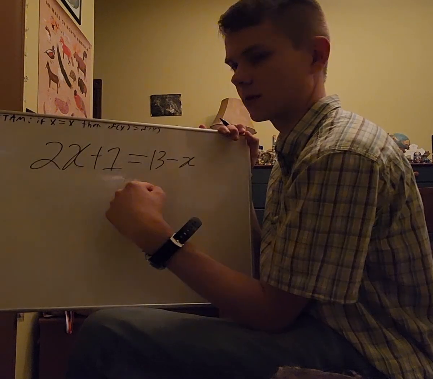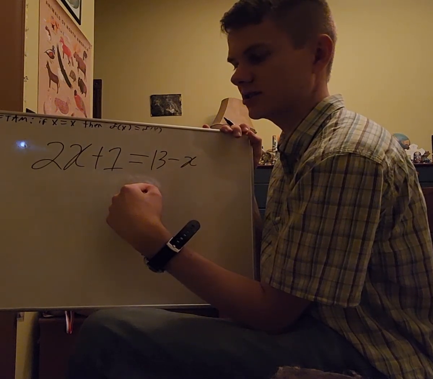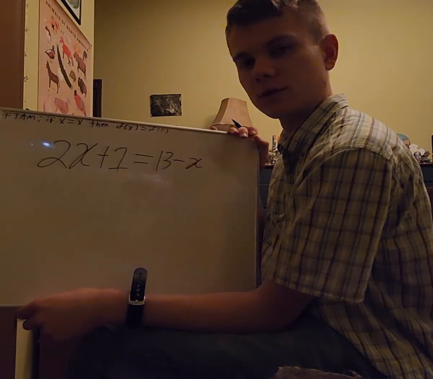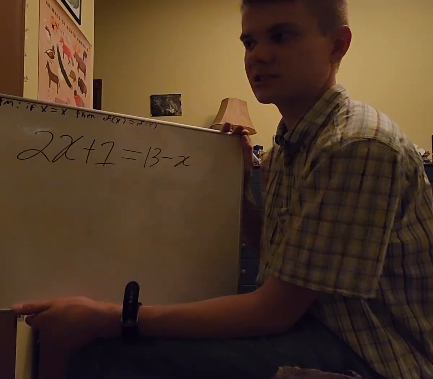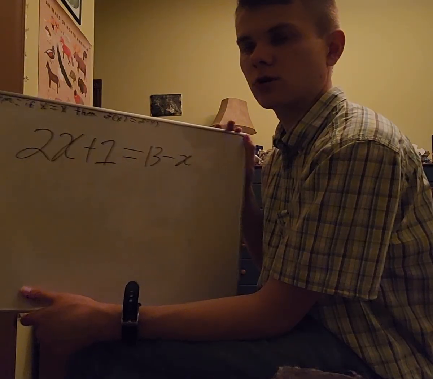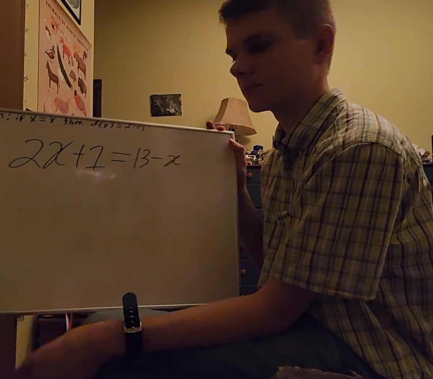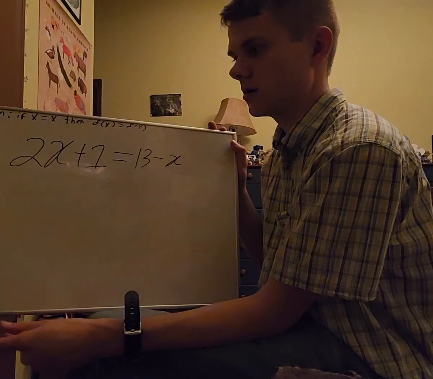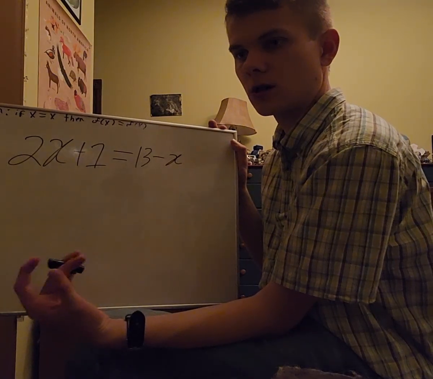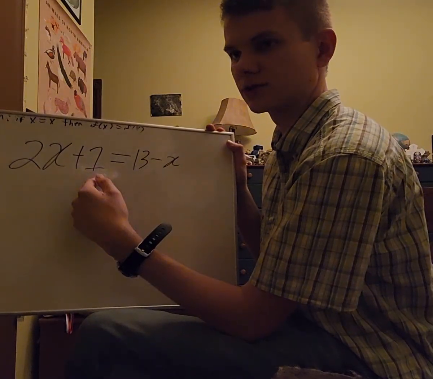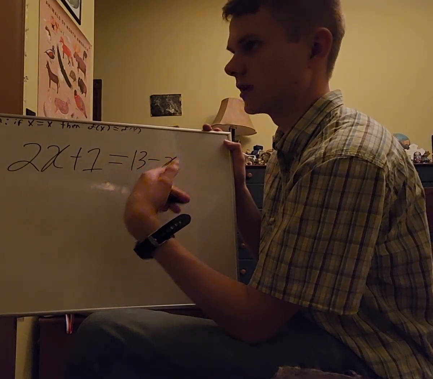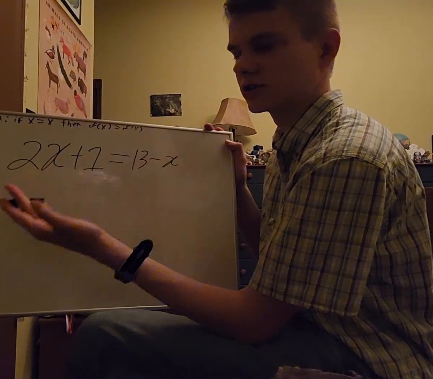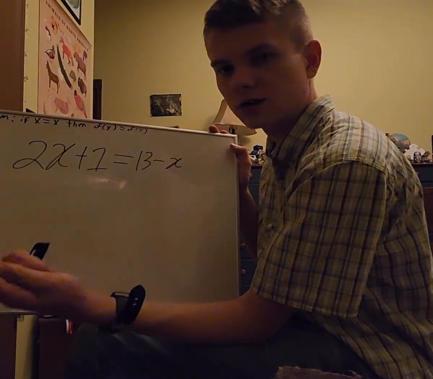And these are actually the same number. By the end of this equation, we'll know all we're saying is 9 is equal to 9, and we're actually just applying functions to 9. The reason is x is 4. So 2 times 4 plus 1: 2 times 4 is 8, 8 plus 1 is 9, and 13 minus 4 is 9. So we're just doing 9 equals 9. But I'll show you how to get there.